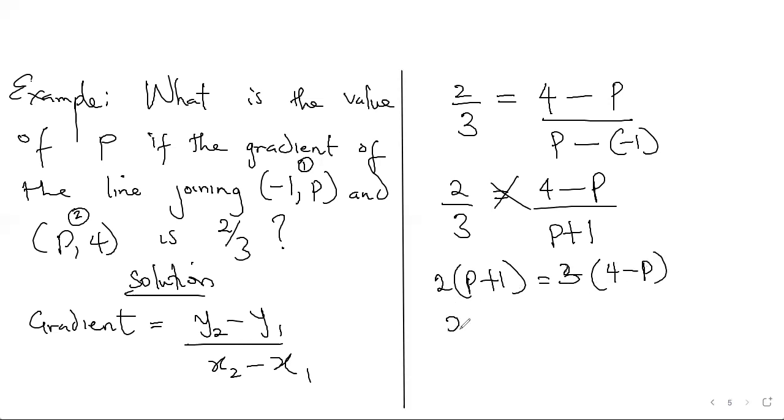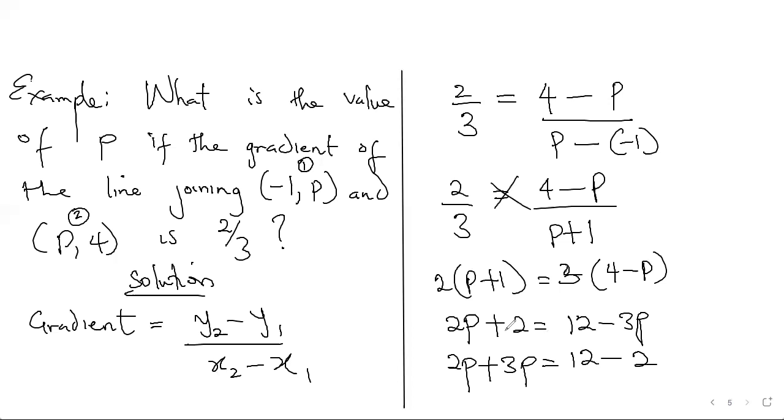So I expand that, 2p plus 2 equals 12 minus 3p. If I collect like terms, I have 2p plus 3p equals 12 minus 2. So I have 5p equals 10, then I divide both sides by 5.